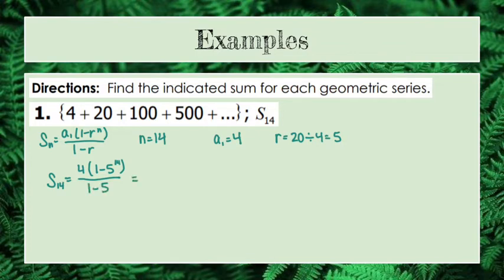We're actually just going to type this into our calculator all in one step. And it is going to give you a gigantic number. 6,103,515,624 is the sum of the first 14 numbers in this series, or in this sequence.